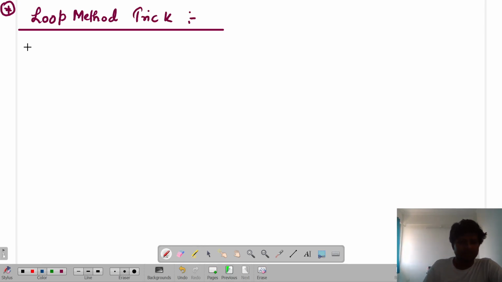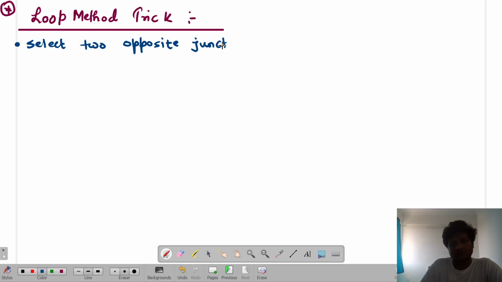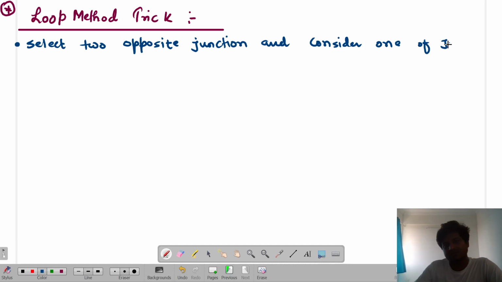The rule is simple. Select two opposite junctions and consider one of the junctions to be grounded.